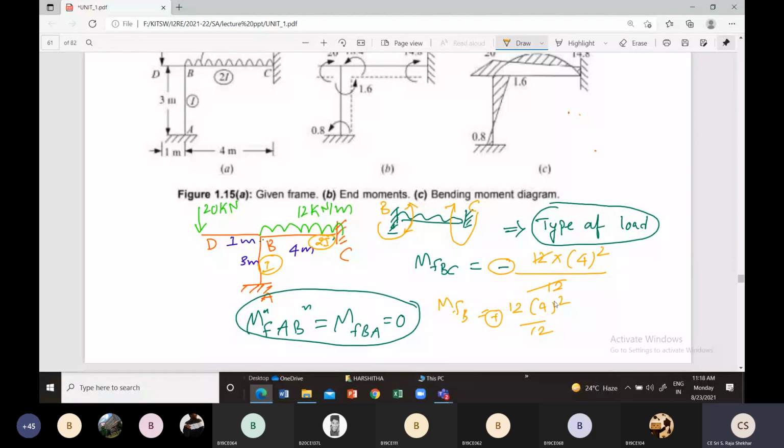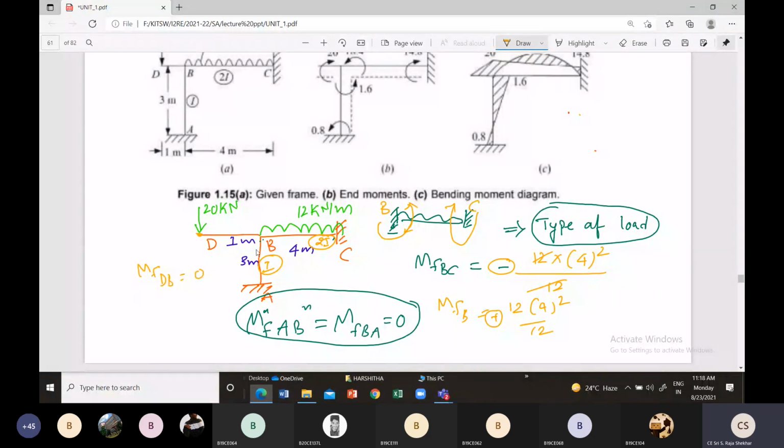If you calculate it, you get MFBC. Similarly for MFBD, D is a free end, so there is no roller or fixed support, and the fixed end moment MFDB will become 0.